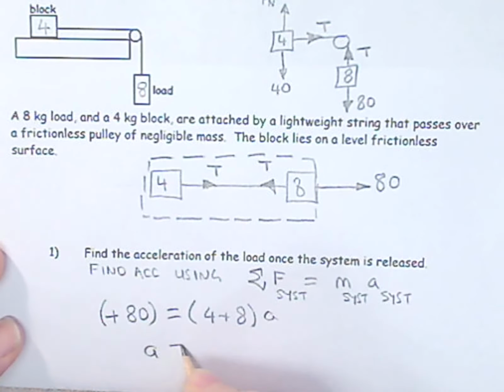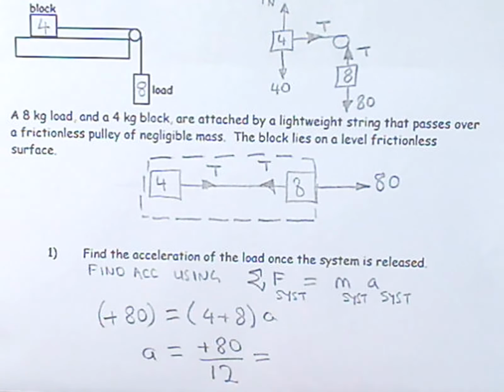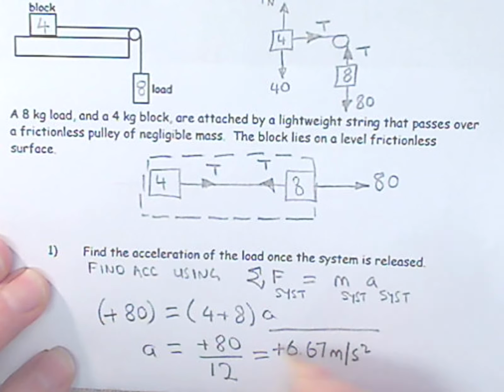So a is equal to plus 80 over 12. 80 divided by 12 is going to be 6.67 meters per second squared, and there's my answer for that.